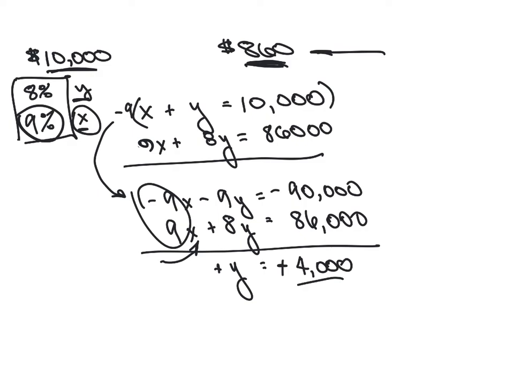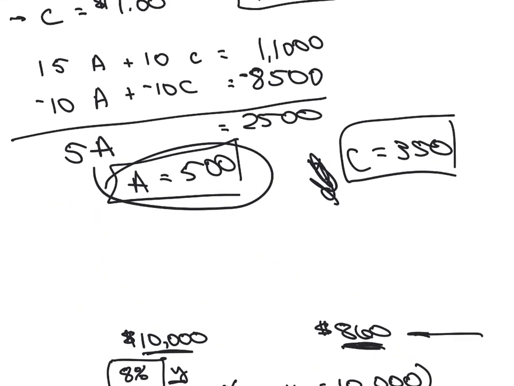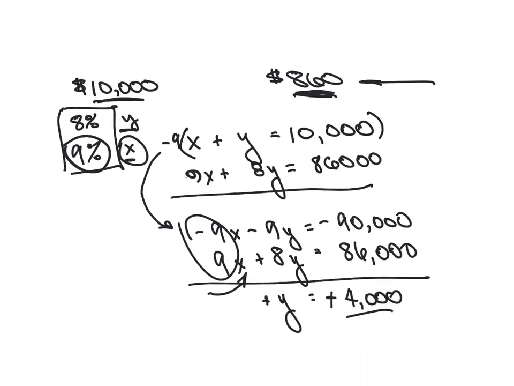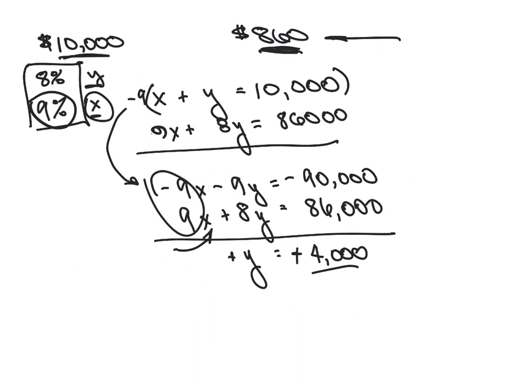Now I go up to the original equation here, I guess it's right here. And find out, okay, if 4,000 was invested at 8%, how much was invested at 9%? Well, the difference between 10,000 and 4,000, so it would be 6,000 invested at 9%.